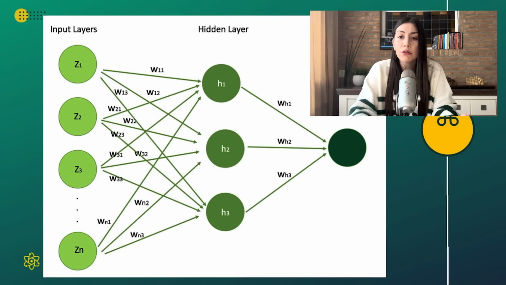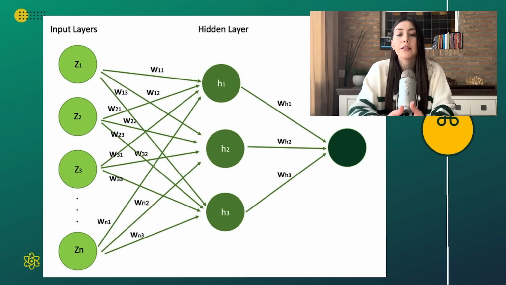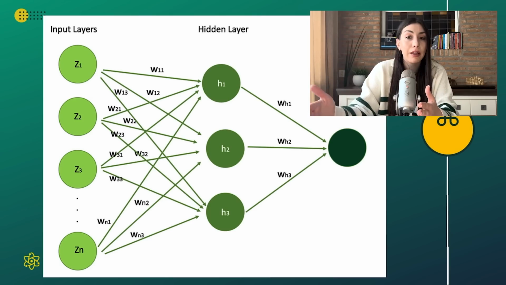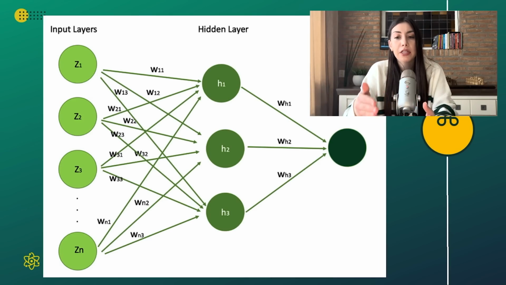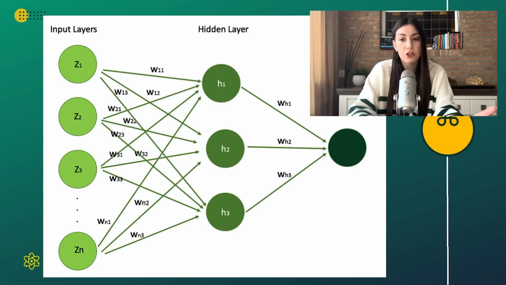So the neural network is this multi-layer structured model, and each layer is transforming the input data step by step. Think of it like an assembly line, where every stage adds more complexity on the previous stage. And the detail and the complexity is adding more value to the ability of the model to perform predictions.